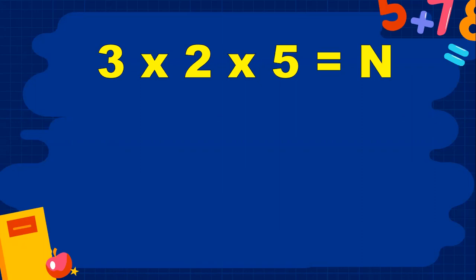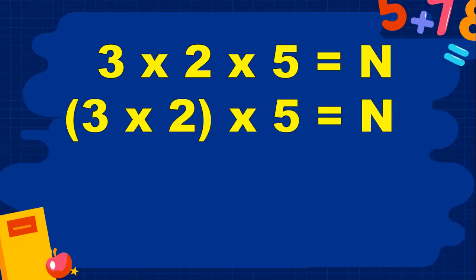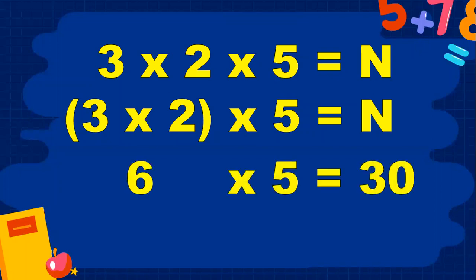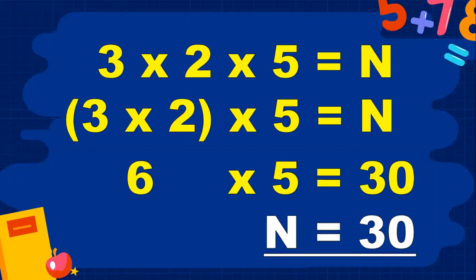To find the answer, we're going to group 3 times 2 first. That is, 3 times 2 is equal to 6, times 5 is equal to 30. Therefore, n or the missing number is 30.